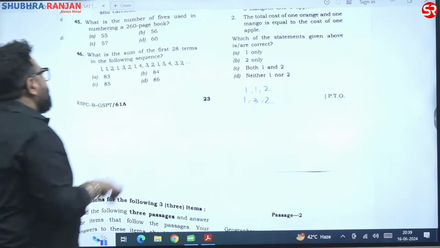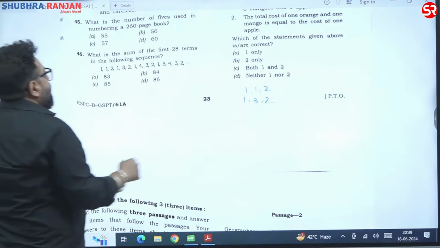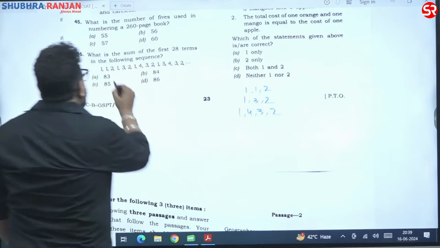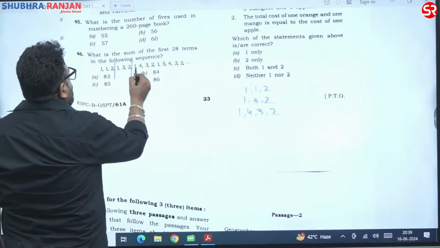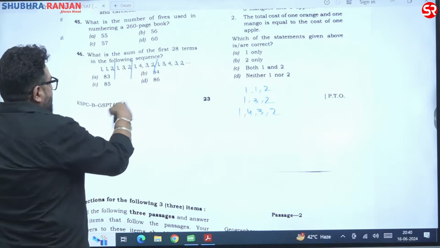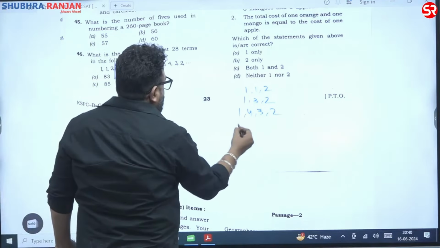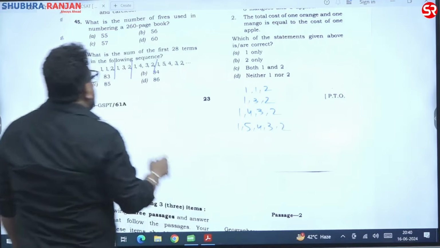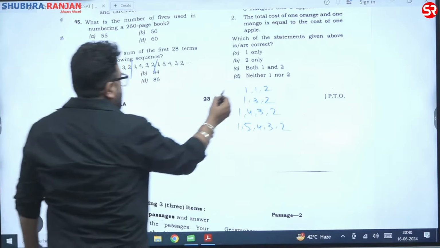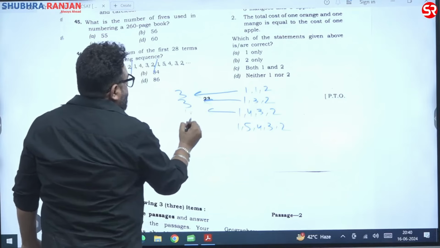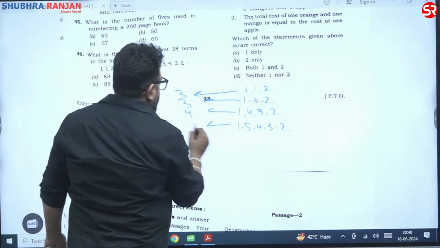Most of the people are not able to solve it, right? Then 1 4 3 2. So it is actually 1 1 2, 1 3 2, 1 4 3 2. So you see, ending with 1, starting with 1, ending with 2. 1 5 4 3 2. So 28 terms. So this is 3 terms, this is 3 more, this is 4, and this is 5.